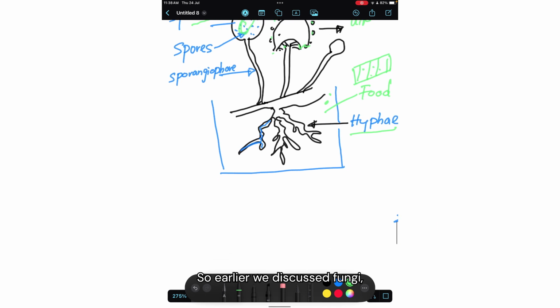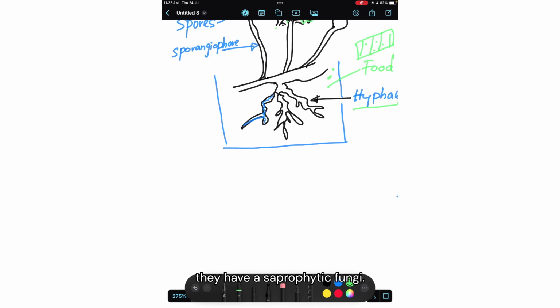So earlier we discussed that there are saprophytic fungi and pathogenic fungi. What is the meaning of saprophytic? We will try to repeatedly use this word, because it helps you remember.